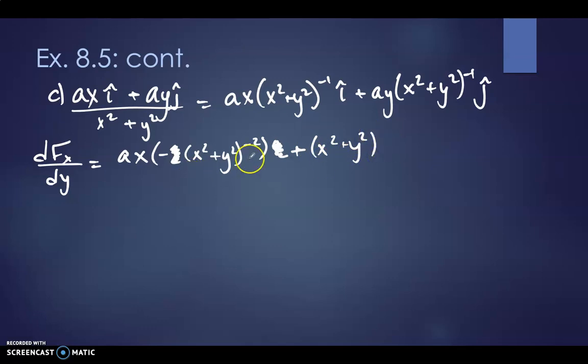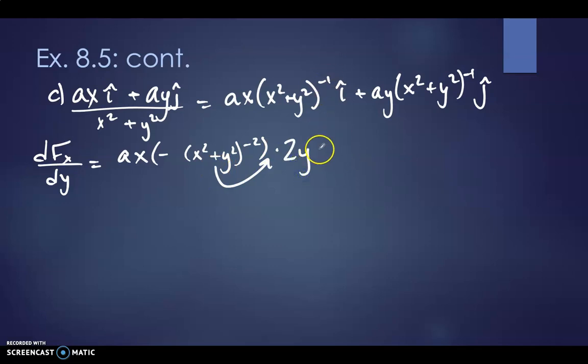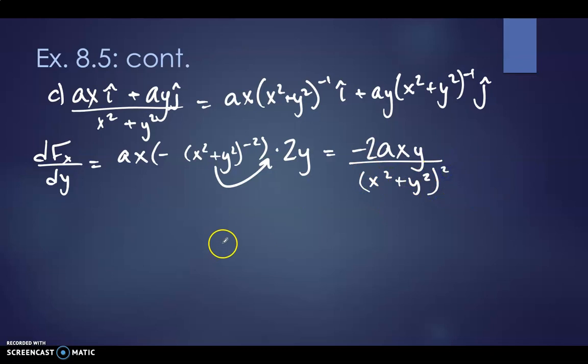Oh wait, no, because we're just doing it with respect to y. Give me a second, let me erase some stuff, I'm making it more complicated than it needs to be. All right, so we have that, and then we need to take the derivative of the inside, which I forgot to do. It's going to be 2y. Okay, so we have negative 2a x y over x squared plus y squared, and this is squared.